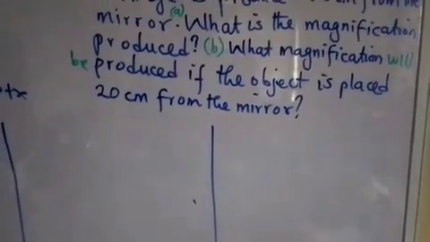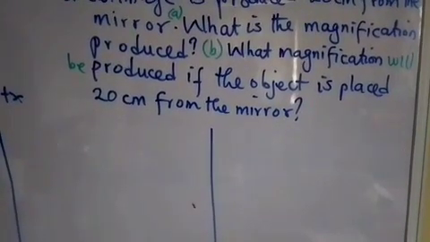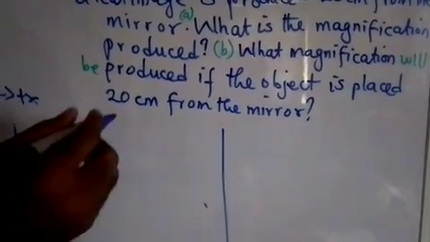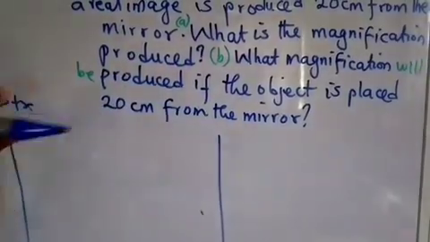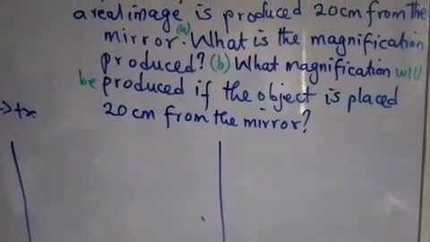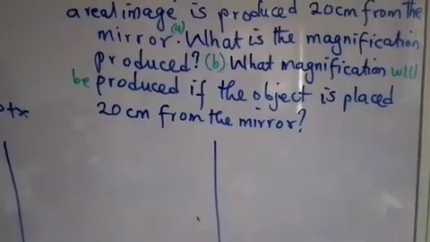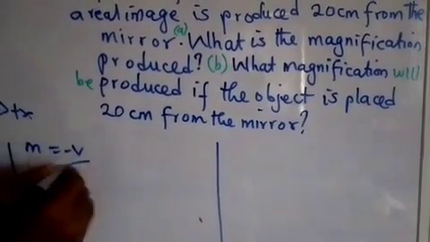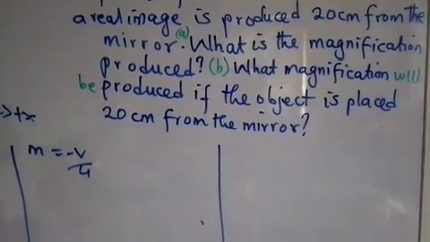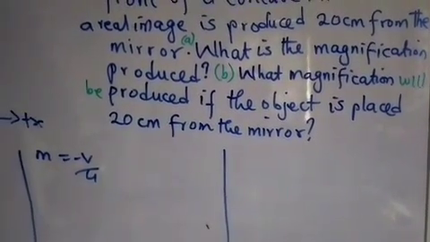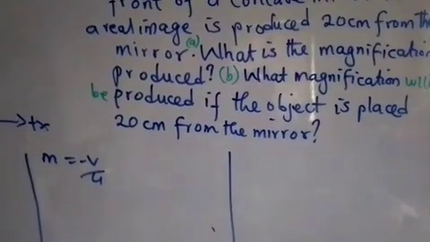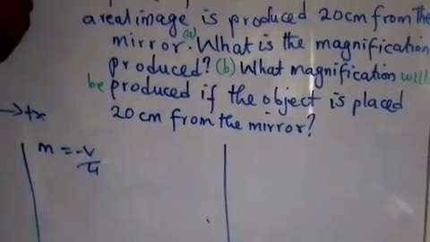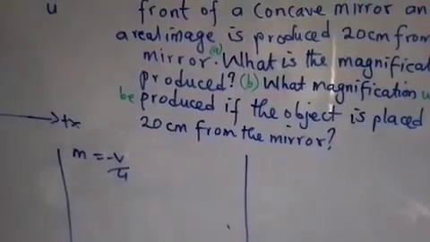Now, to solve this B, don't rush and say, oh, the second condition said if I change the position of the object to 20, I get as my V, you now go and say M is equal to minus V over U. This is actually a wrong concept, because it's not true for you to just come and say magnification is inversely proportional to U. It's not appropriate.